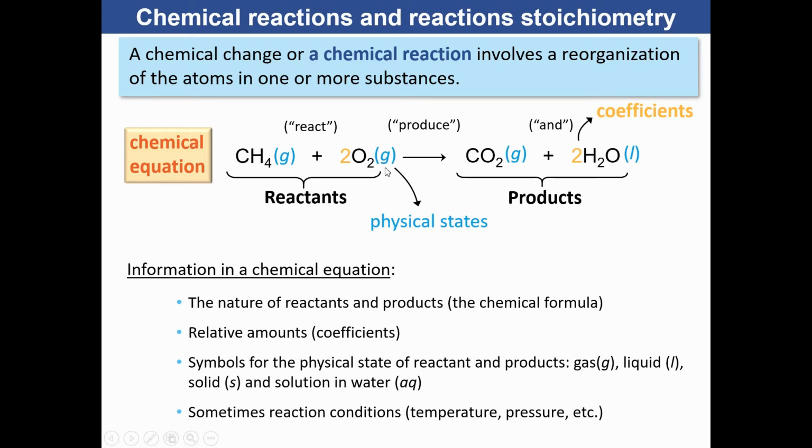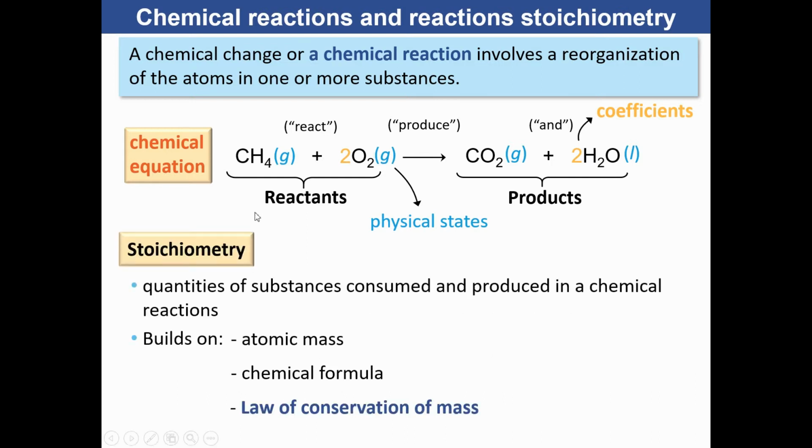So here, G represents gas, L is liquid, and S is solid. If you have a solution, aqueous represents solution. And sometimes you will have the reaction conditions written here, for example, the temperature or the pressure.